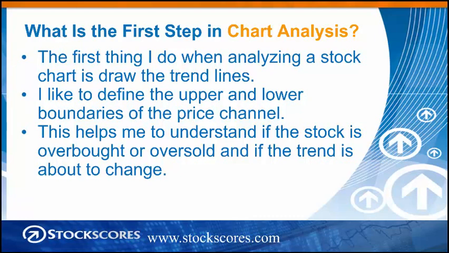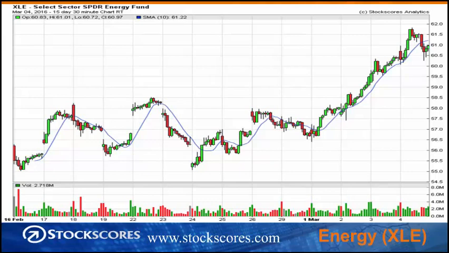Same can be said for a downward trending market. We tend to get most fearful at the lows because we've been watching it go down day after day, week after week, month after month. By drawing the trend lines and defining the price channels, we can go through that process to really see where price is relative to the trend line and really get a sense of when a market is overbought or oversold.